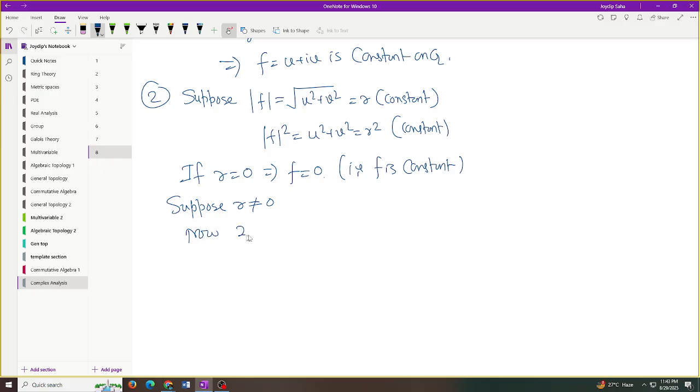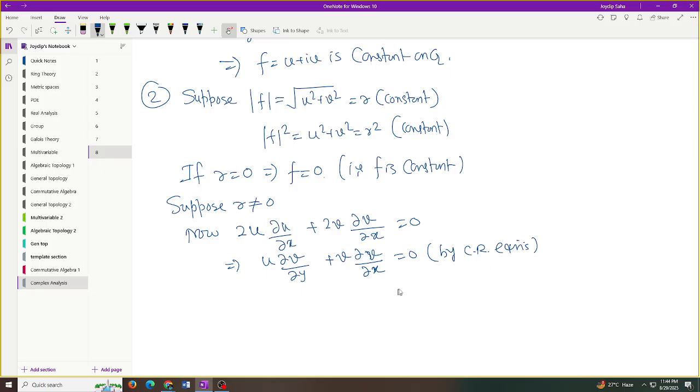Now 2u del u del x plus 2v del v del x equals 0, this implies u del u del x plus v del v del x equals 0, by CR equation. This is 1.